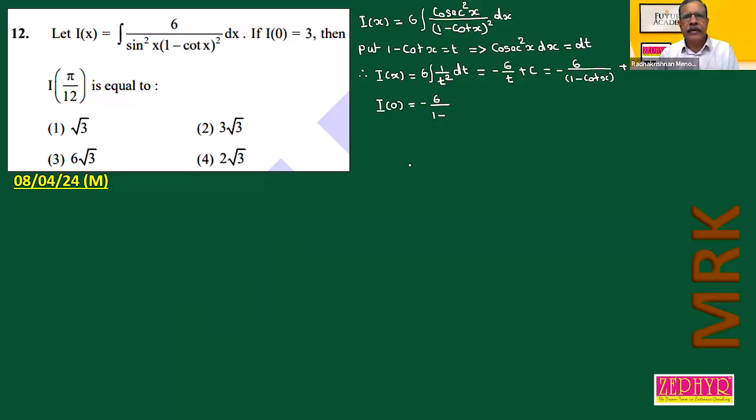So I of x I am writing like this: cot x as cos x by sin x. You have got sin x in the numerator, and in the denominator you have got cos x minus sin x. Now sin x, cos x by sin x minus cos x.